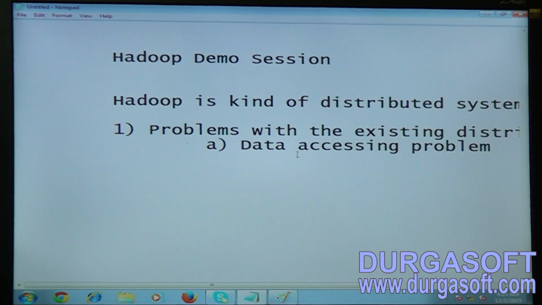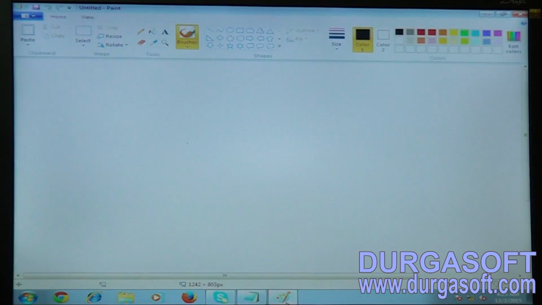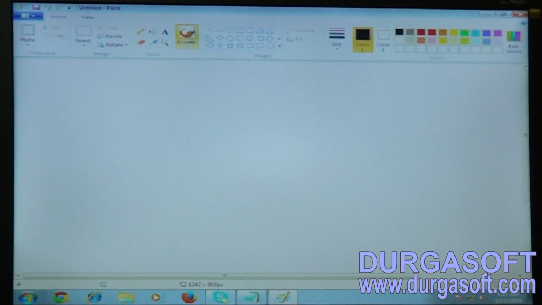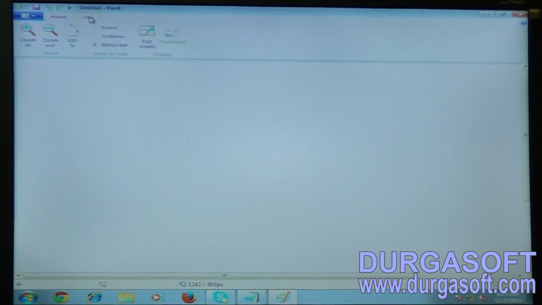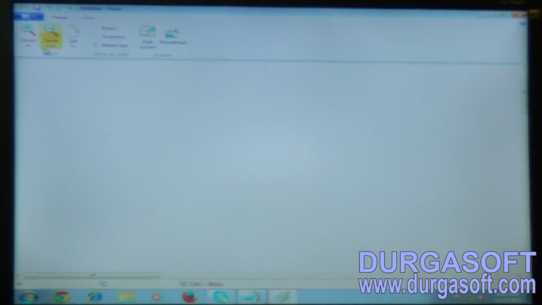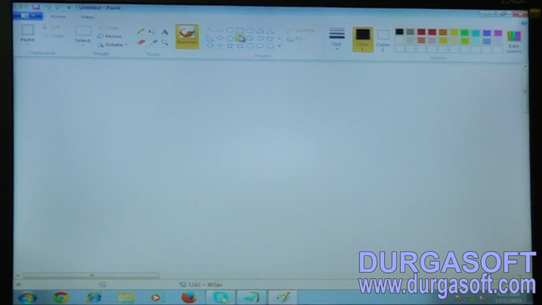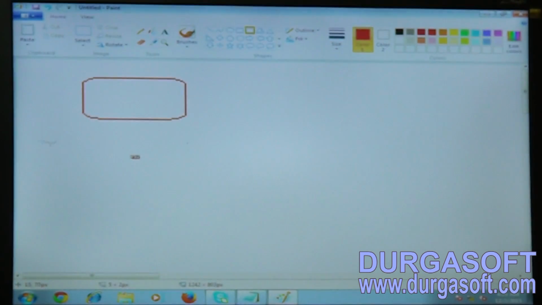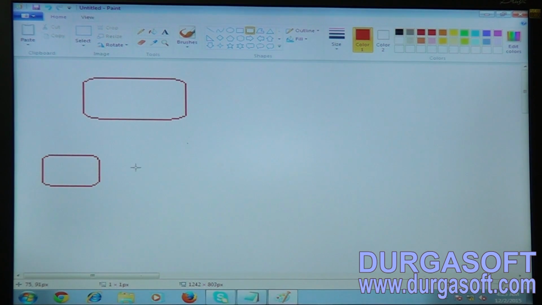So let's draw a simple picture of the distributed environment using MS Paint. It is a kind of distributed environment. Distributed environment means a network of machines connected together.